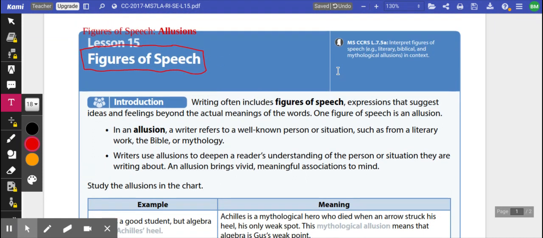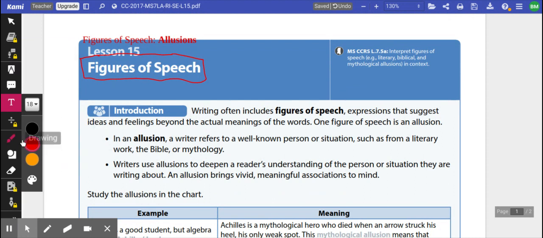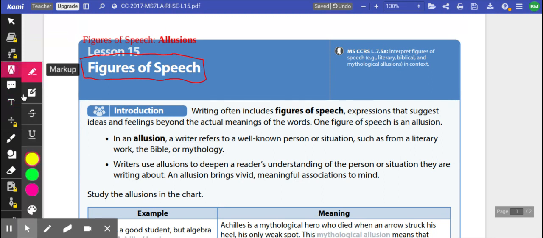So over here we have our standard, and our standard is dealing, let me highlight this one, we're interpreting figures of speech in context, okay? And that's important to know because we use allusion in a lot of things. So our very first one is down here in our introduction.